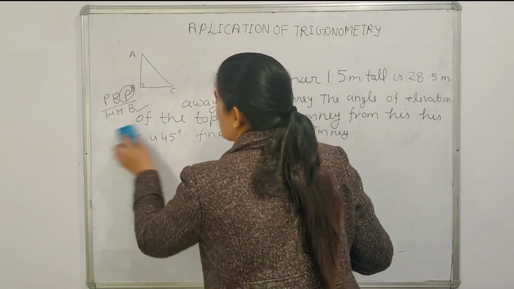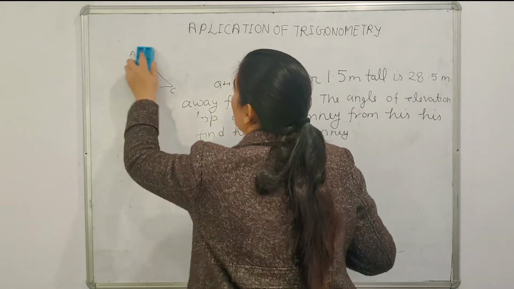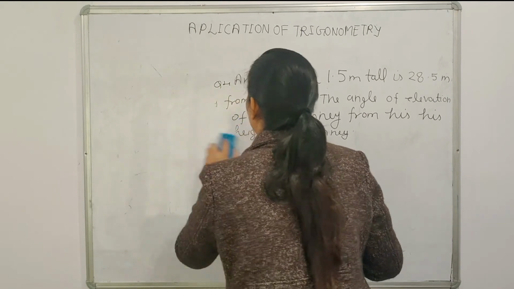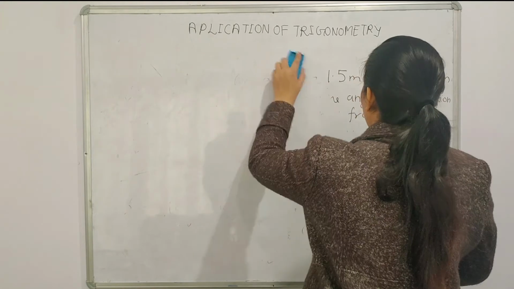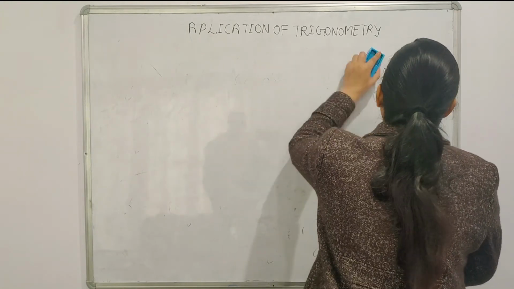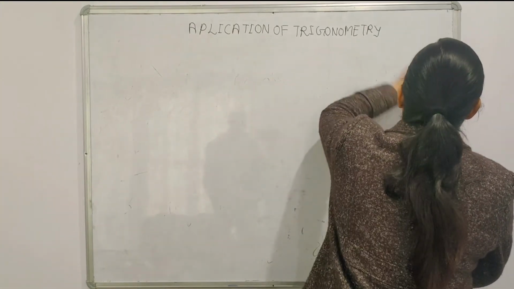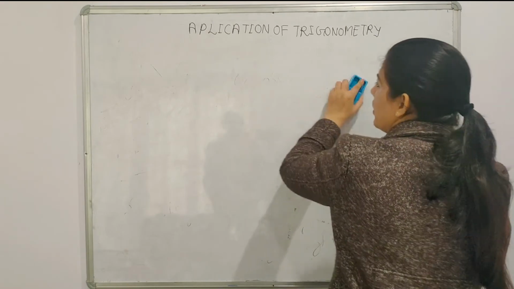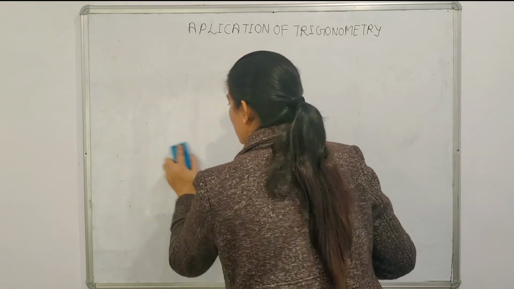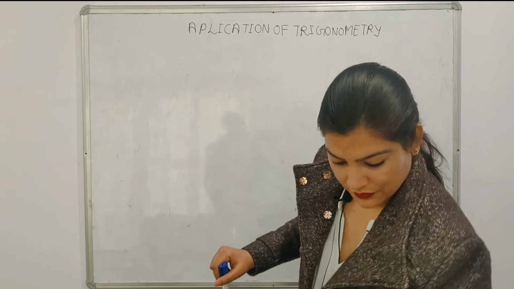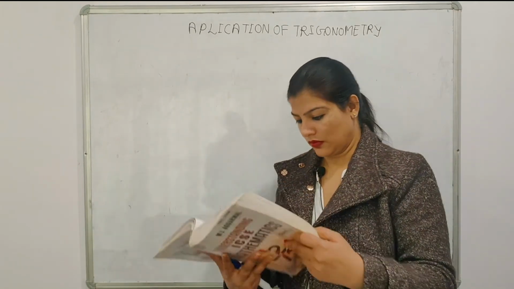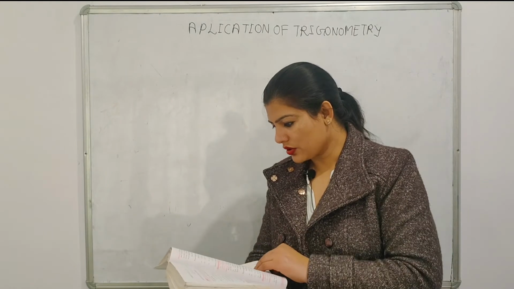If the diagram is made by you, then you can find whatever you have to find very easily. You should know which of the angles is given and how you can make the diagram. So let me consider another question.